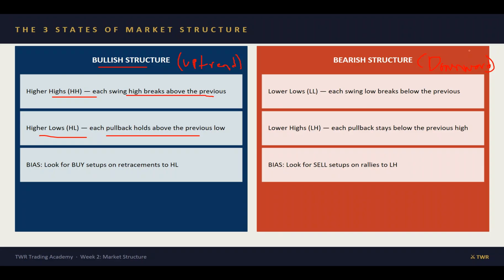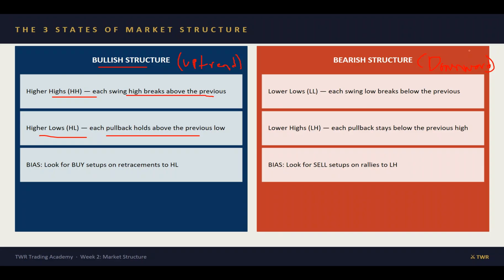The next one is known as the ranging or consolidating market, where price oscillates between defined highs and lows with no consistent directional bias. Breakout potential exists, but is not confirmed until structure shifts.